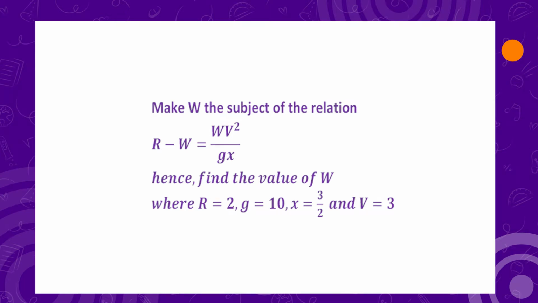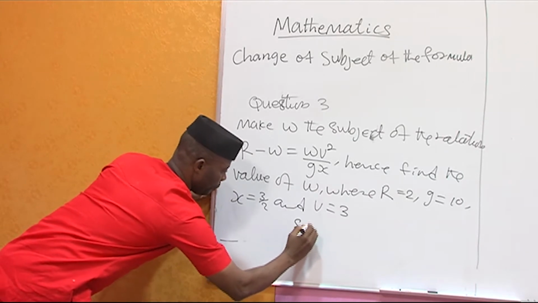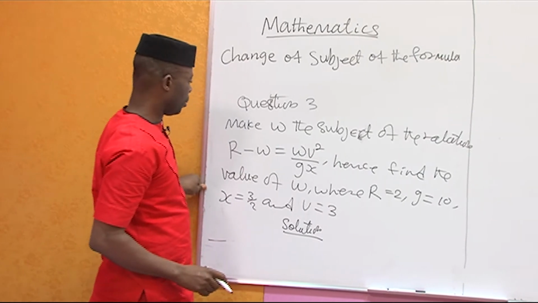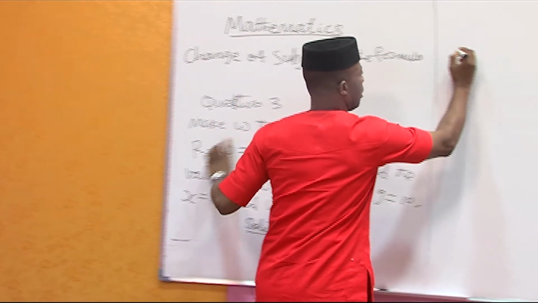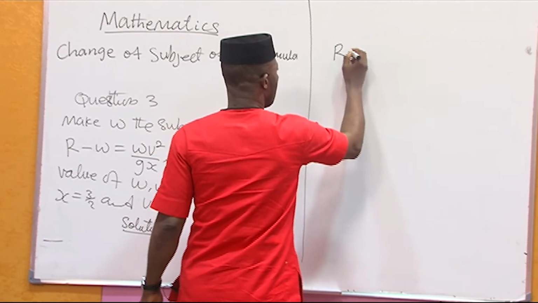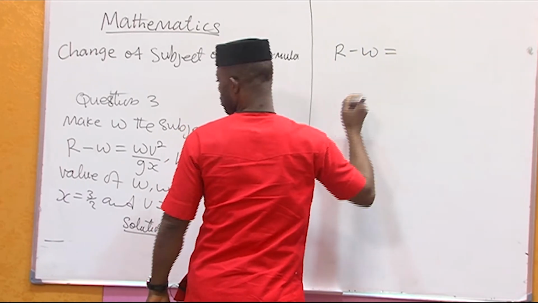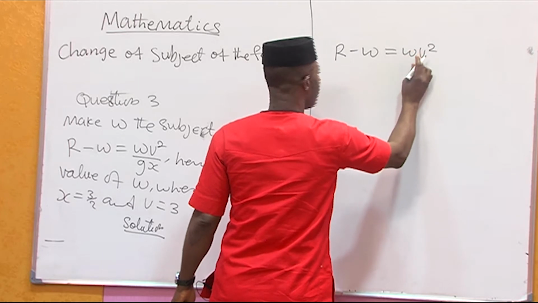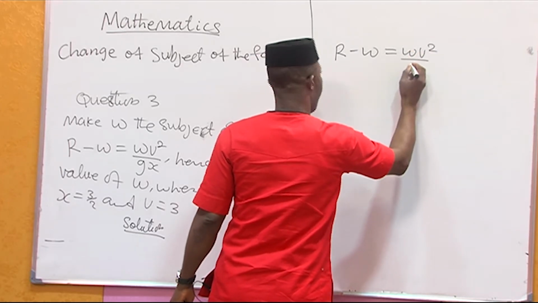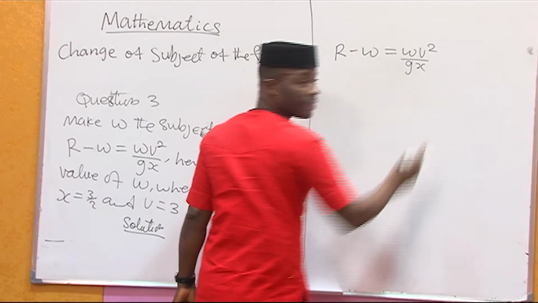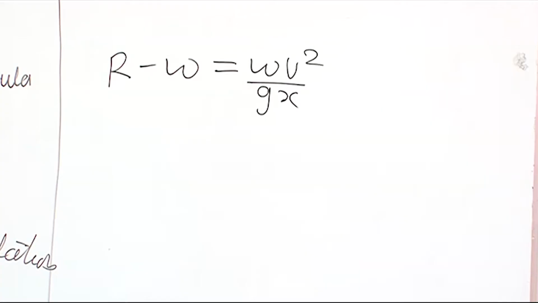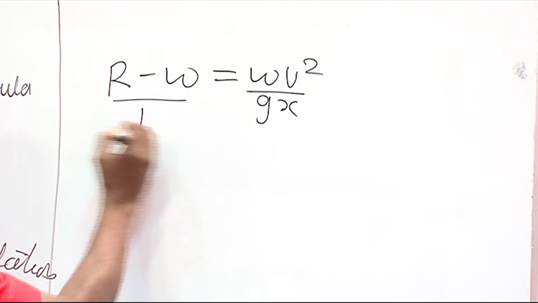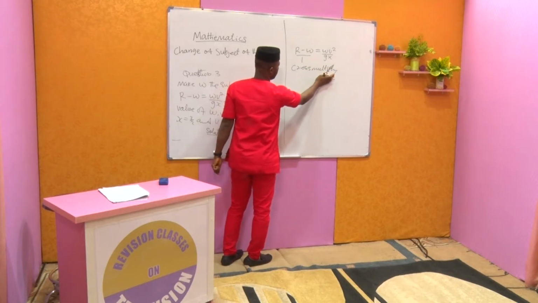Solution. We take the question: R minus W equals to WV square divided by GS. So over 1, cross multiply.